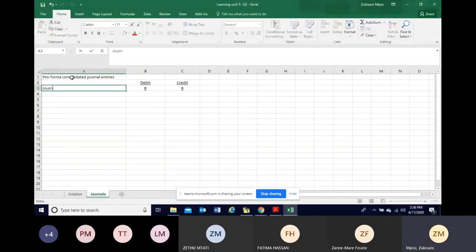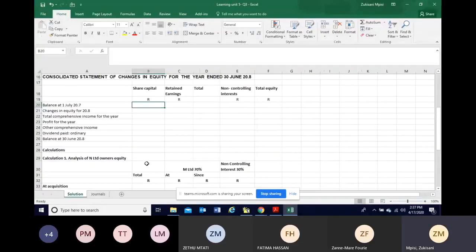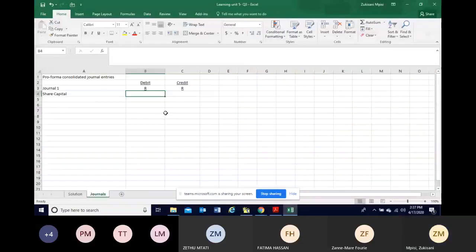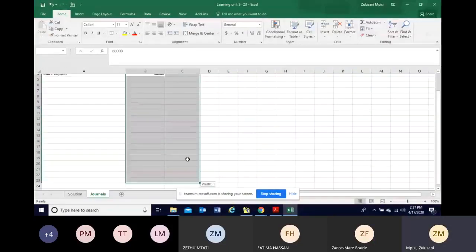So we've got journal number 1. In journal number 1, we had share capital at acquisition. Remember, on your analysis of equity, you had share capital of 80,000 that you had, which we are now recognizing, because remember, this is what has been bought at this stage.